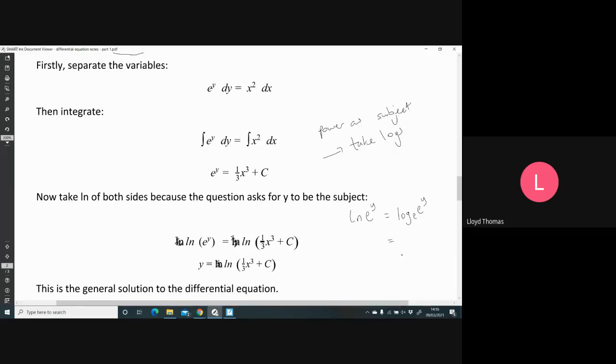Maybe I should have said, let's go to some slightly different, neater notes for that one.